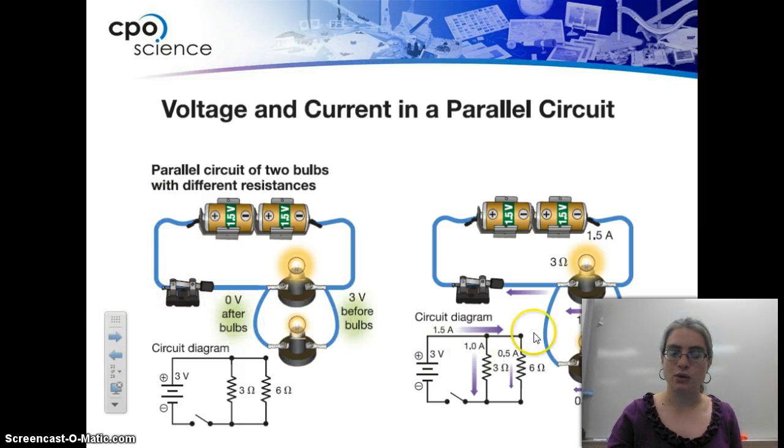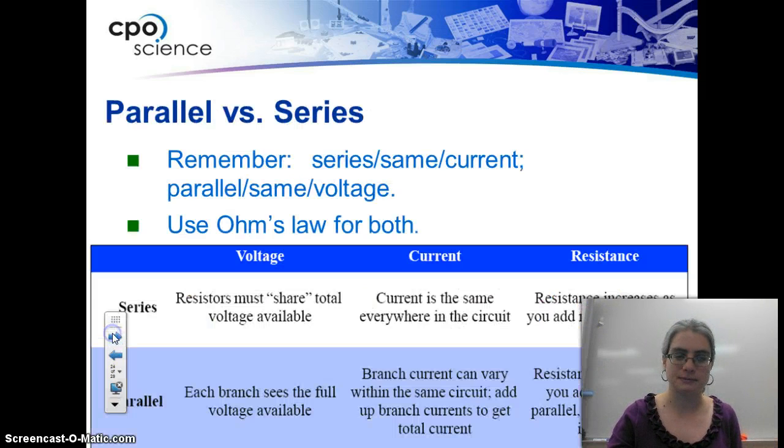So what's happening here is you have 1 amp of current going through this one and 0.5 amps of current going through this one. And so what happens is you still can get a difference in the light bulb brightness, but the resistance is different, and the resistance is what's causing that difference.